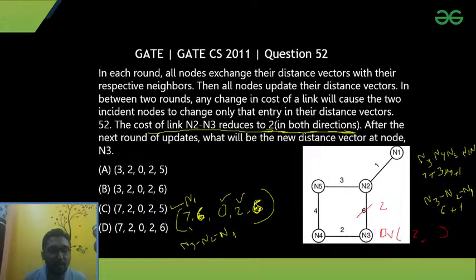So when the distance is reduced to 2, N3 will exchange the distance vector with its neighbor. When N3 exchanges the distance vector with its neighbor, it will try to minimize other distances. Initially the distance to N1 was 7.